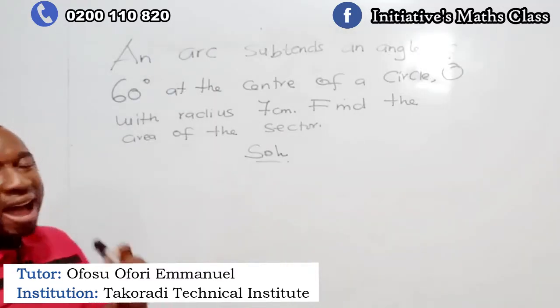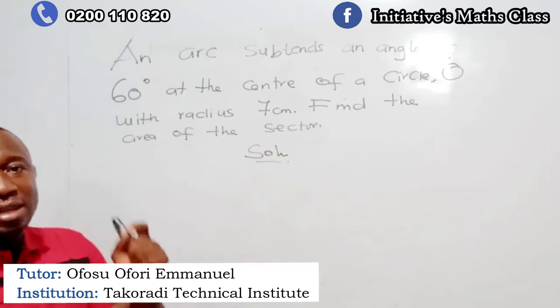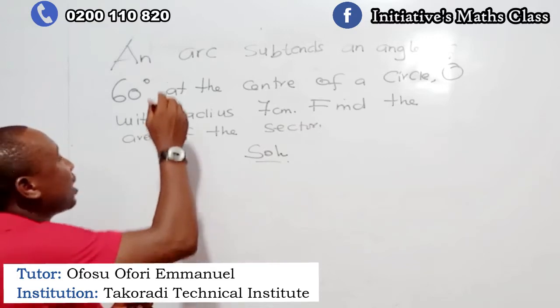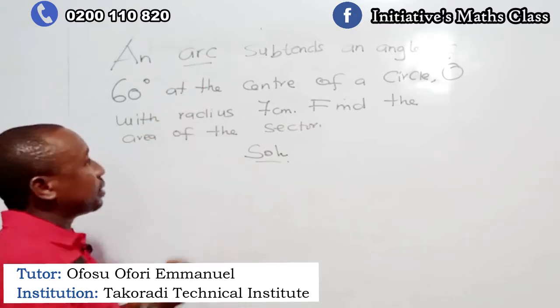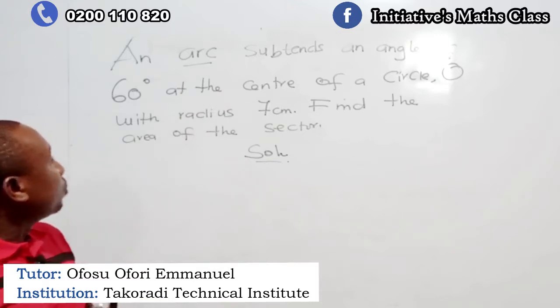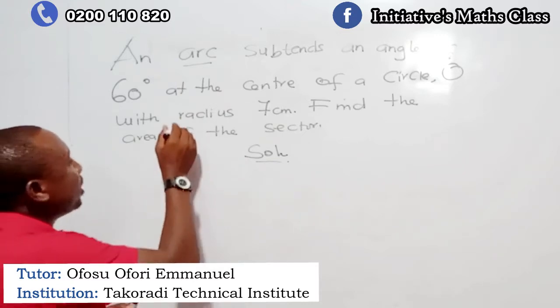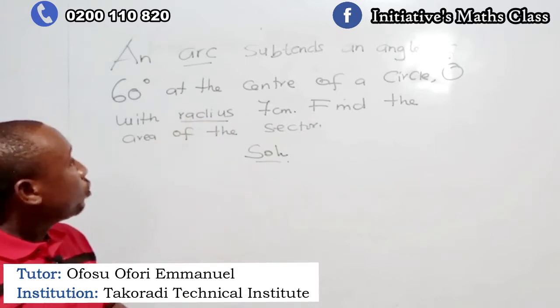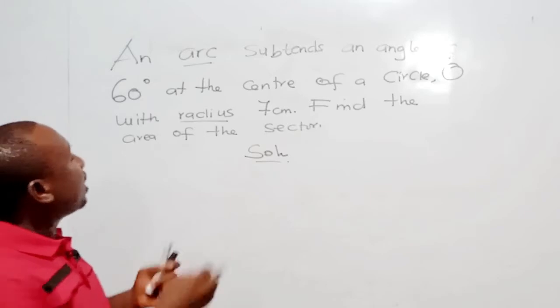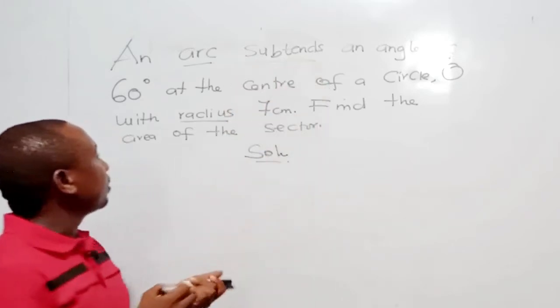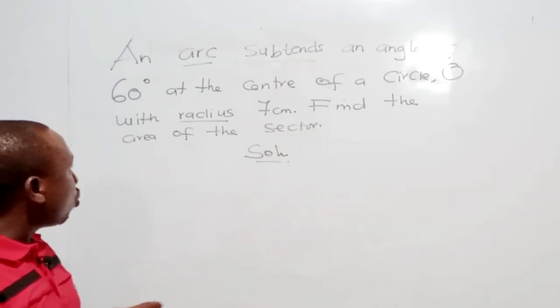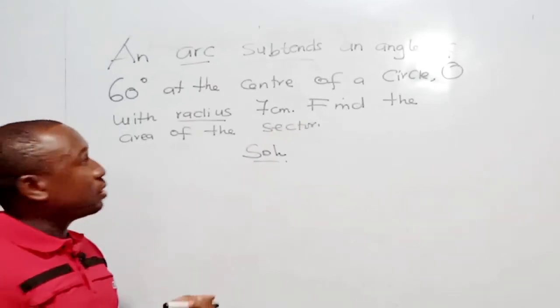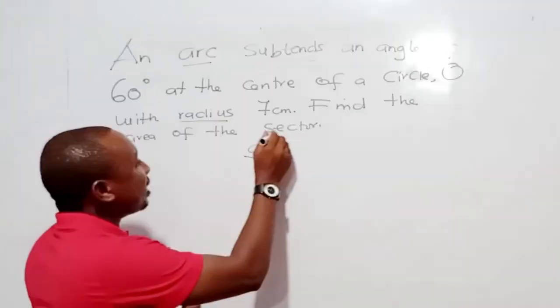We need to understand certain keywords. We need to understand the meaning of arc. We need to know what we mean by radius. We also need to understand the word subtends, and also understand what we mean by sector.